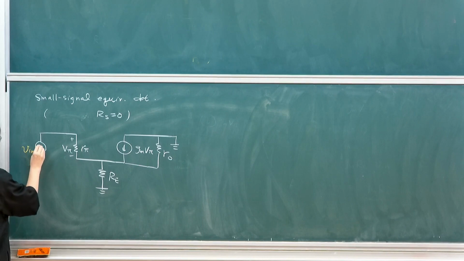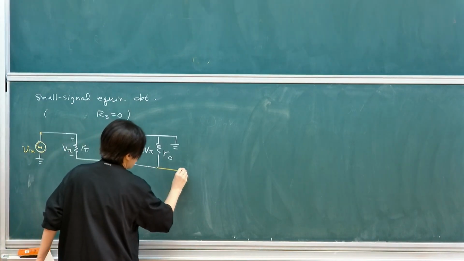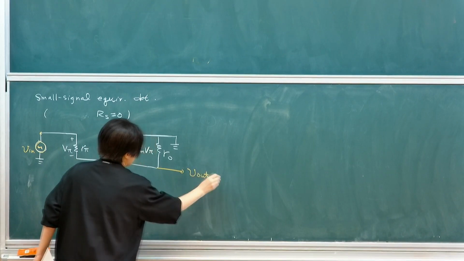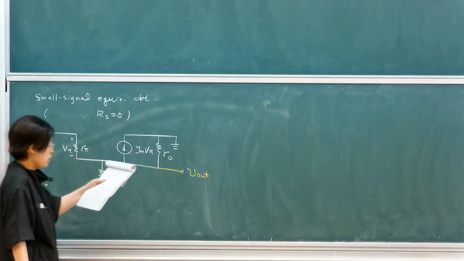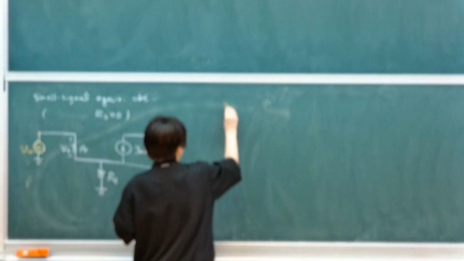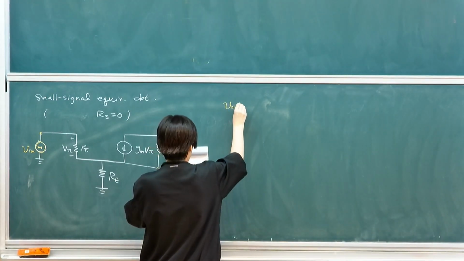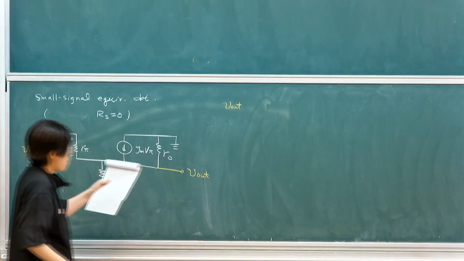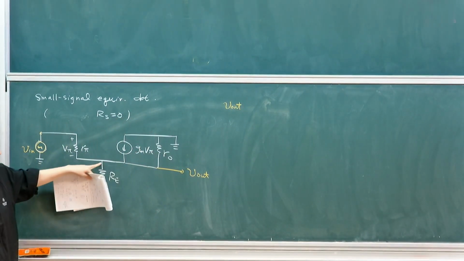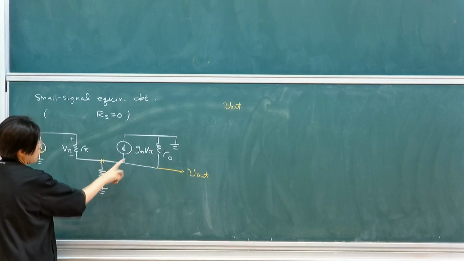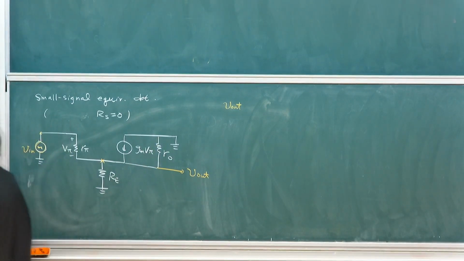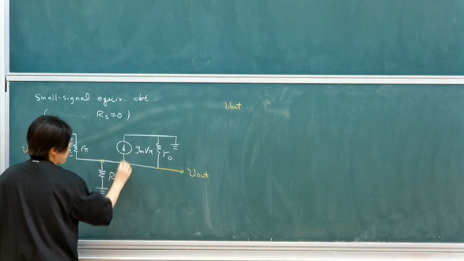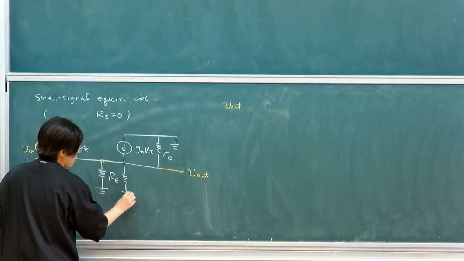So this is my input terminal here, and this will be my output terminal. So we start by writing down what Vout should be. Vout will be the current. If you're looking at this terminal, I could simply flip this downwards so that it will be easier. So I could flip this R out down.